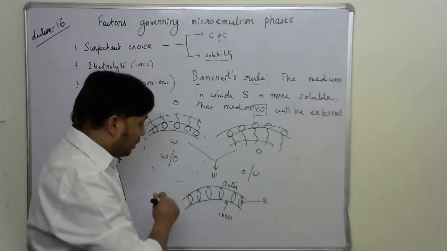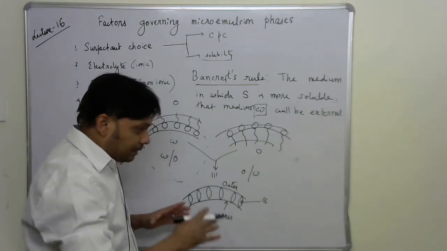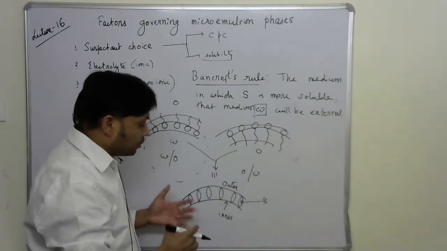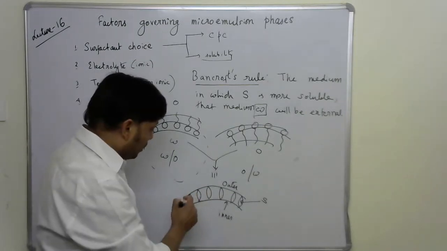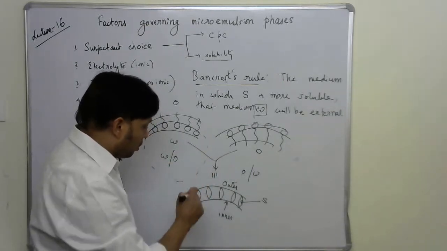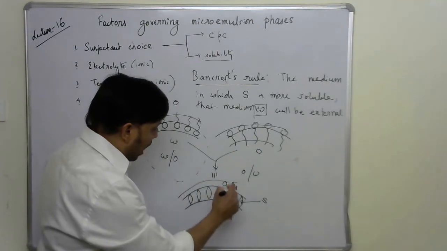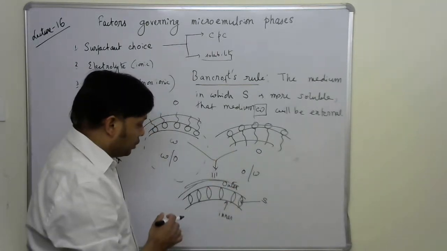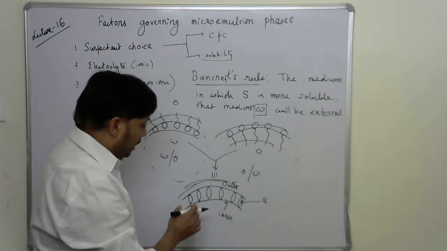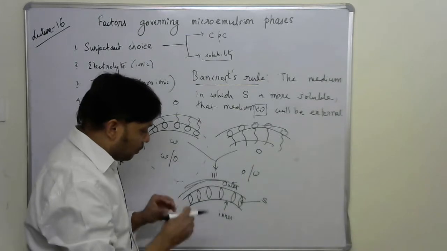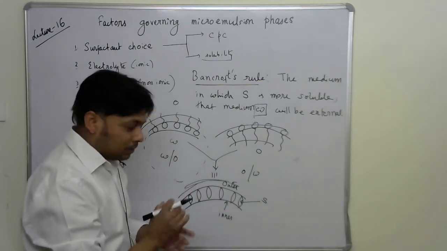Therefore, the medium which is losing its surface tension would expand much more compared to the other medium. So the medium where the surfactant is more stable or more soluble would always stay at the outer region. That means the droplet would form by taking the medium in which the surfactant is less soluble.